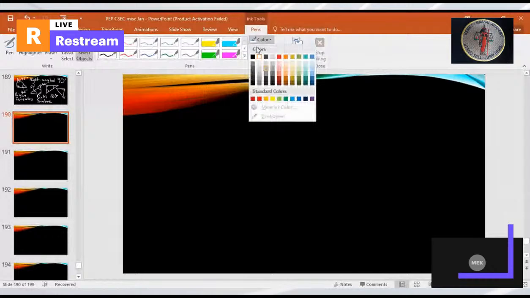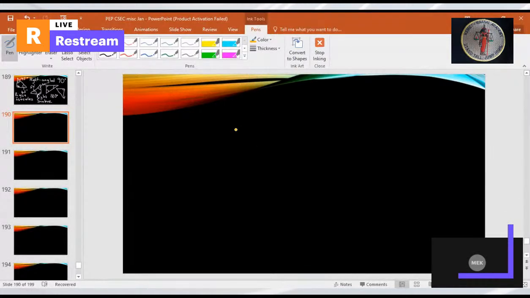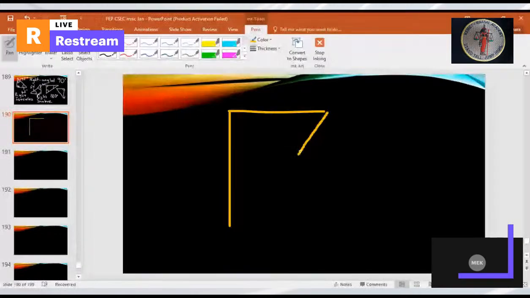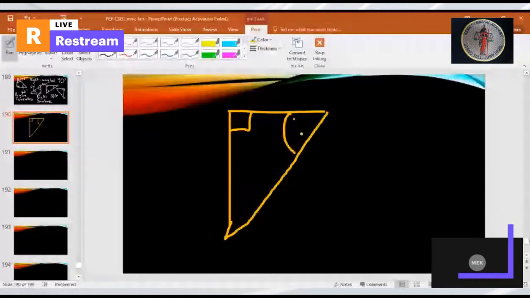So for example, if you're given this triangle, and they said to you, find the missing angle. They said to you, this is 61 degrees.